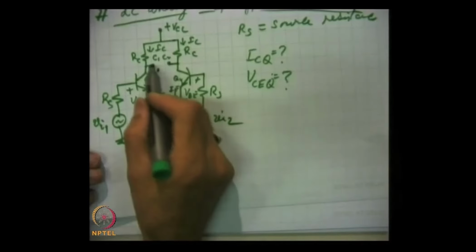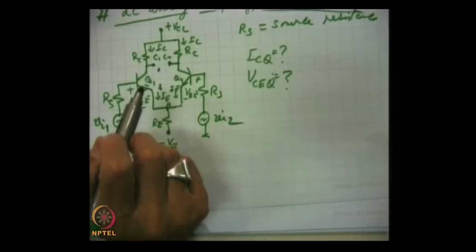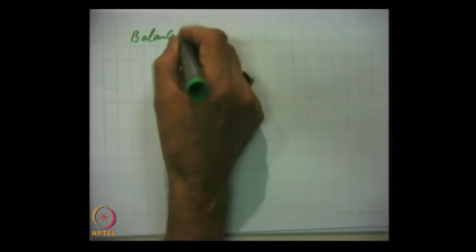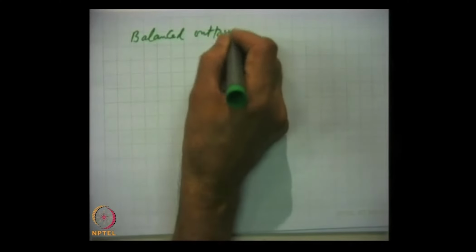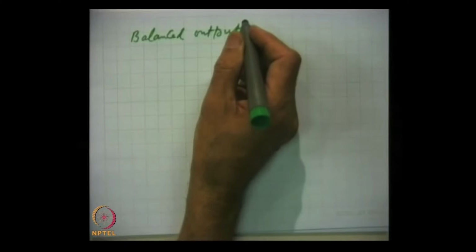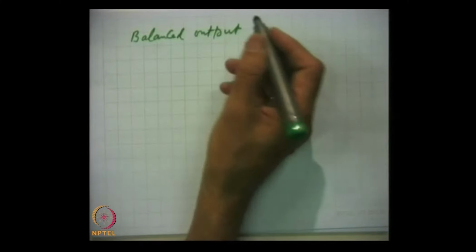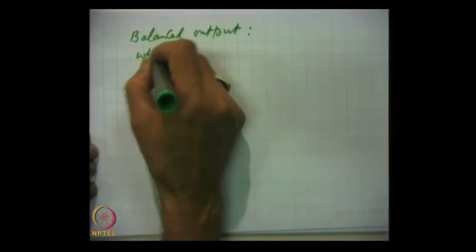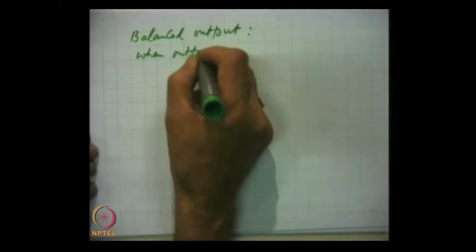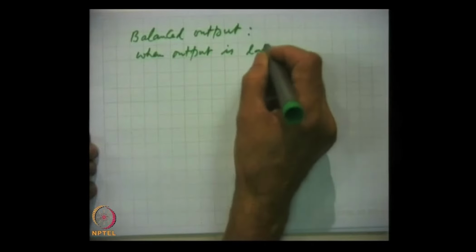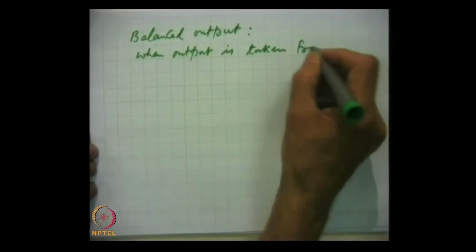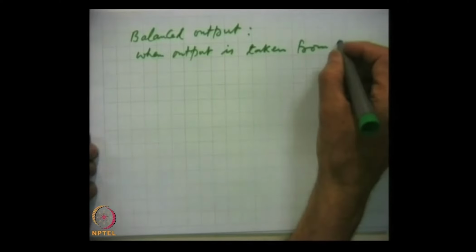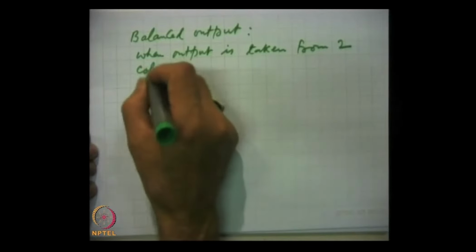When we take output from two collectors, this is called balanced output. Balanced output means when output is taken from two collectors.